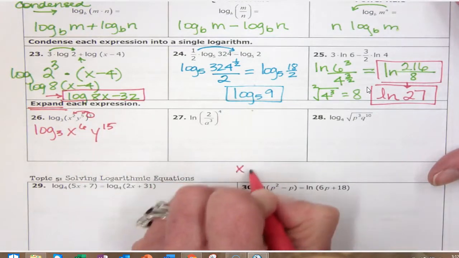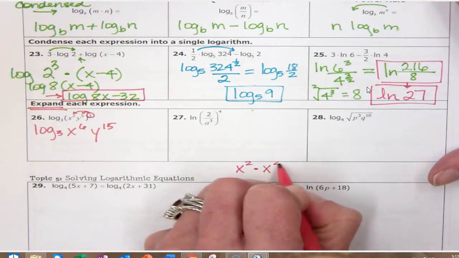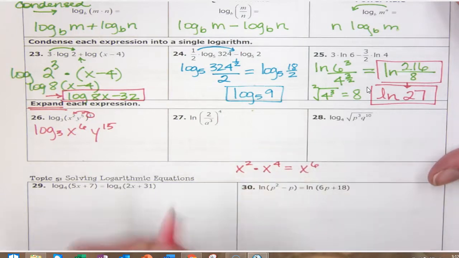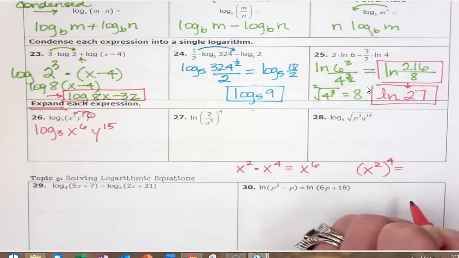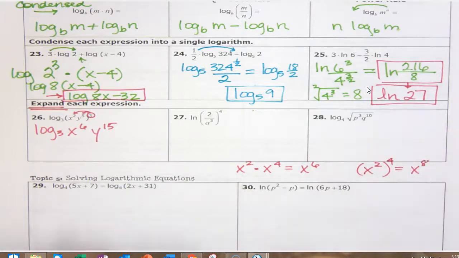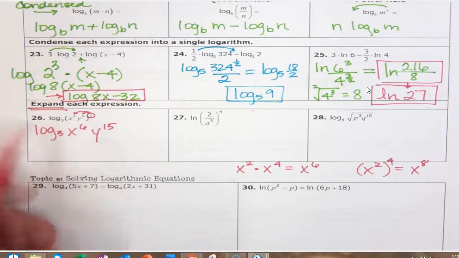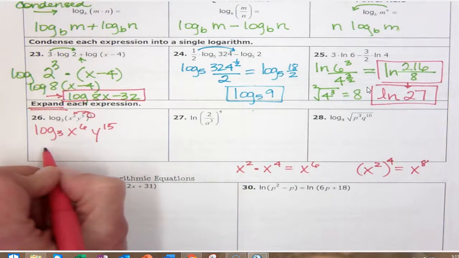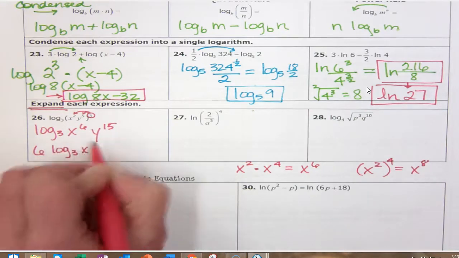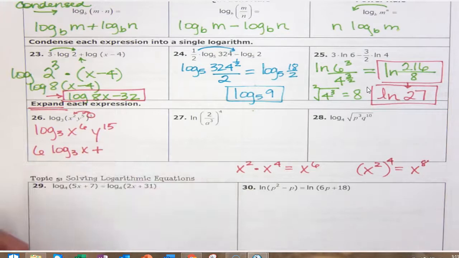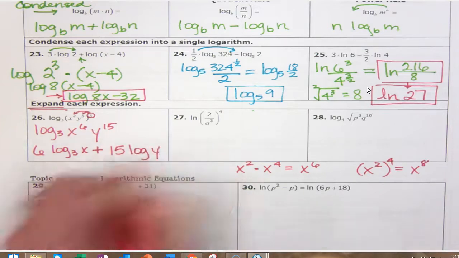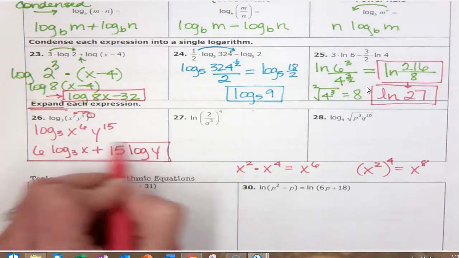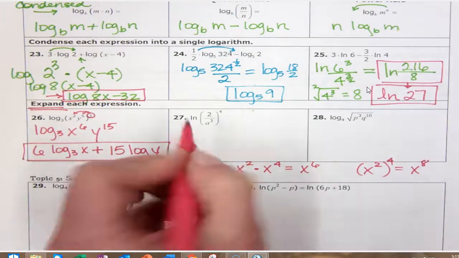Don't confuse x squared times x to the 4th, which is x to the 6th where I add the exponents, with x squared raised to the 4th, where I multiply my exponents. That's what I'm doing here. Now I need to separate those out. I move my 6 in front: 6 log base 3 of x. I'm multiplying here, so I add. 15 comes in front: log y. That's your expanded version.